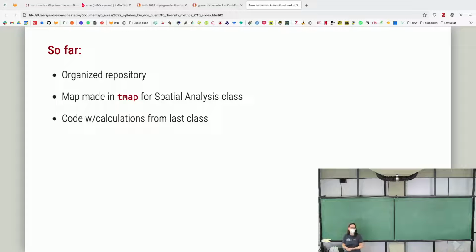The workflow part is key for this, more than knowing exactly how to do some calculations in R. What we want is for you to have good practices in how to work. It's a little bit different from maybe other modules that you're having, but this is exactly what we want.